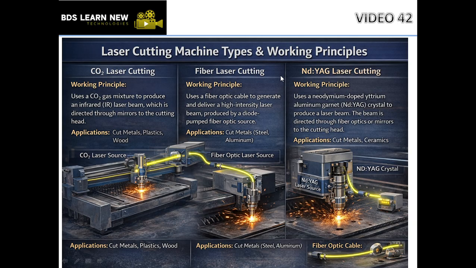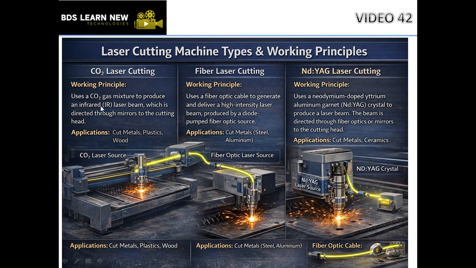Then we have fiber laser cutting. Here we are using a fiber optic cable to generate and deliver a high intensity laser beam produced by a diode pumped fiber optic source. The source in this case is a diode pumped fiber optic source, and in the other case it is through mirrors to the cutting head.